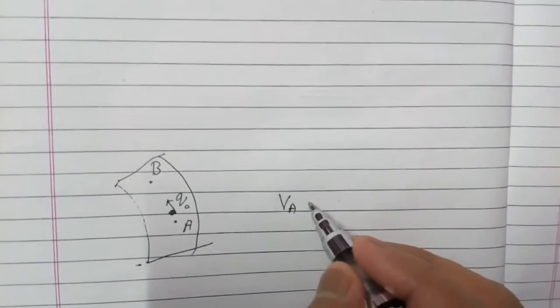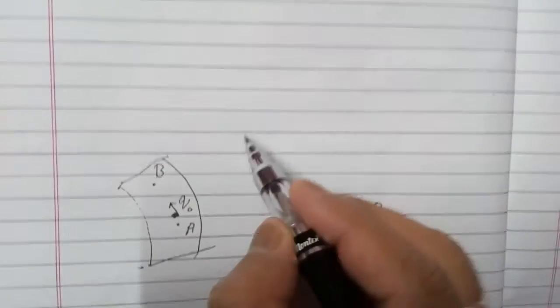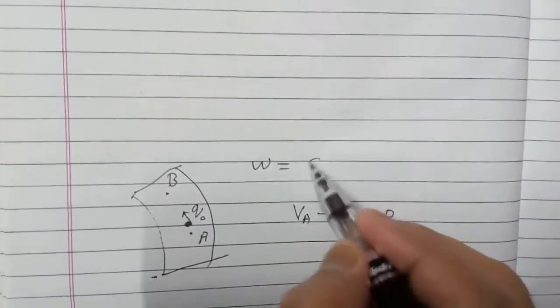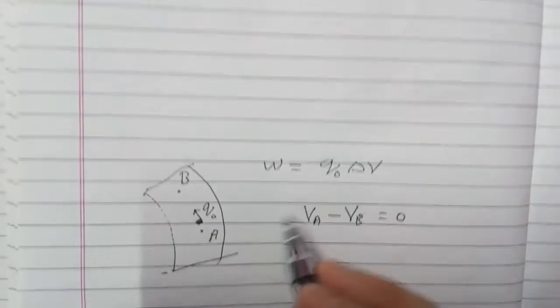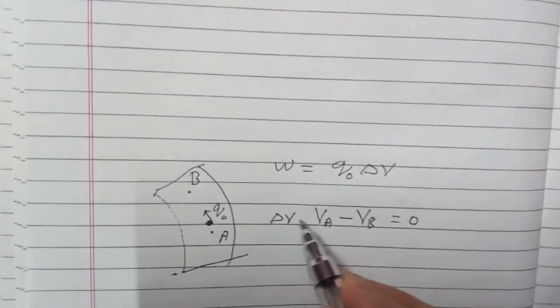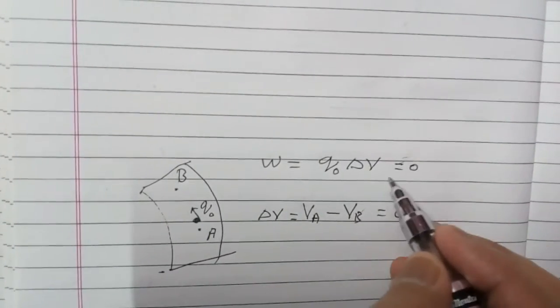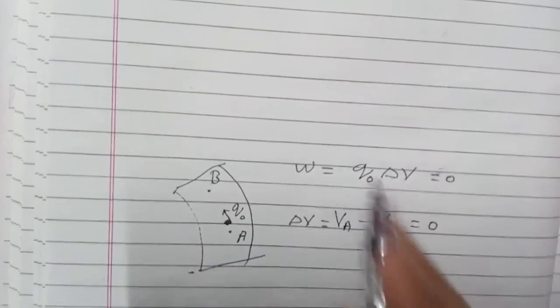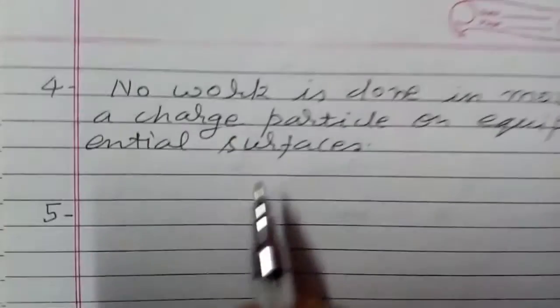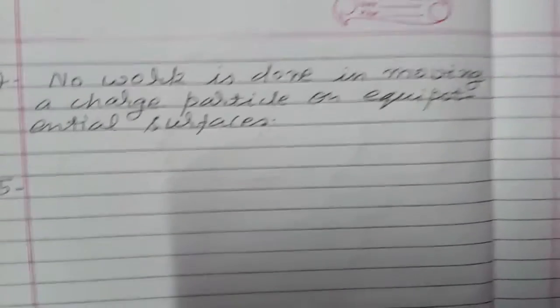Now potential difference between VA and VB will be 0, and work done W is equal to Q naught into delta V. Since delta V which is equal to VA minus VB is 0, so work done is also 0 because Q naught is not 0 but delta V is 0. So no work is done on moving a charged particle on equipotential surface.